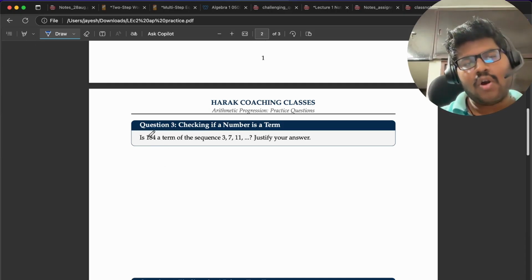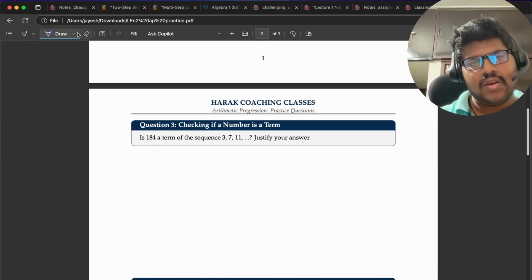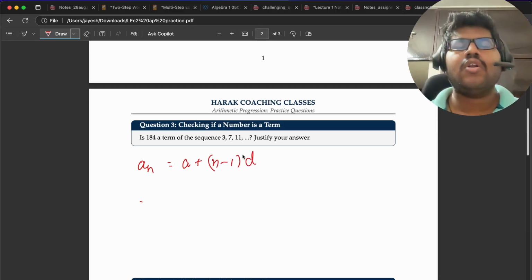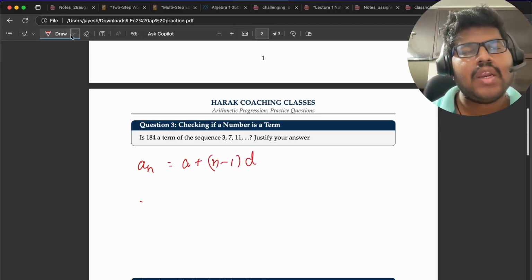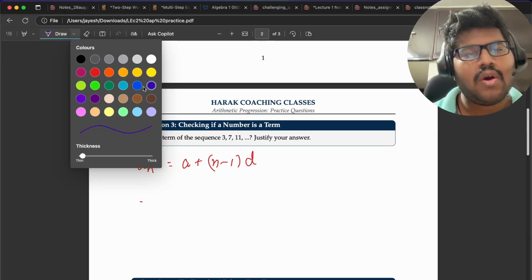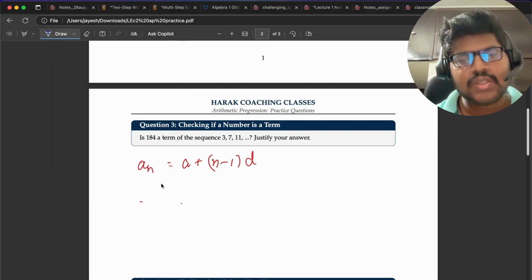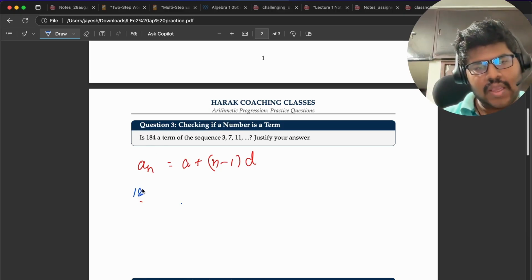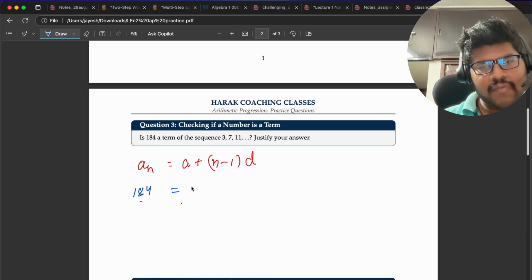If you recall, we have studied that the general term an is A plus n minus 1 times D, right? The idea is to put that term in place of an, and put the values of A and D.